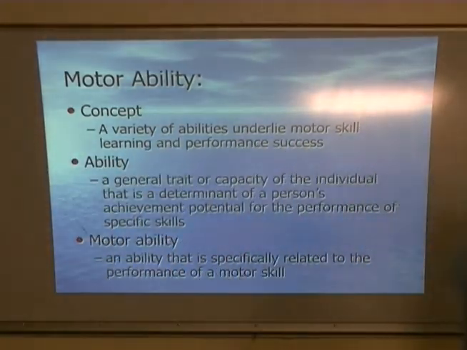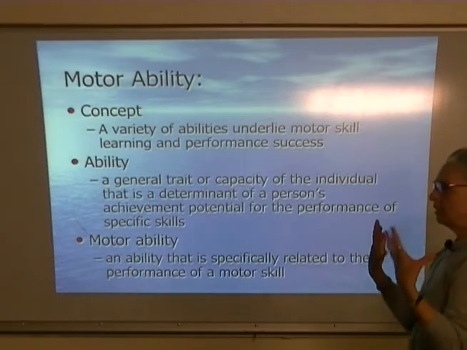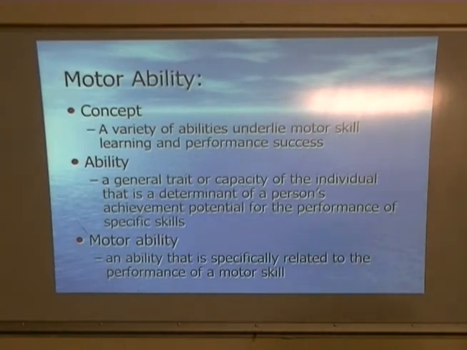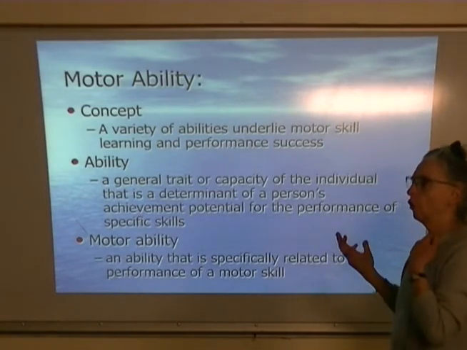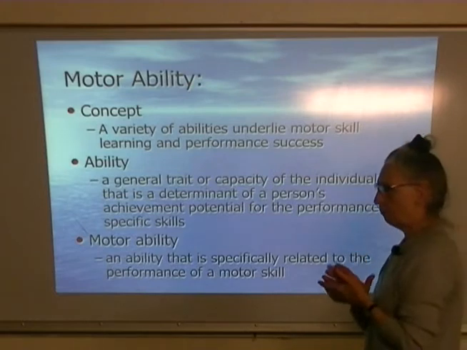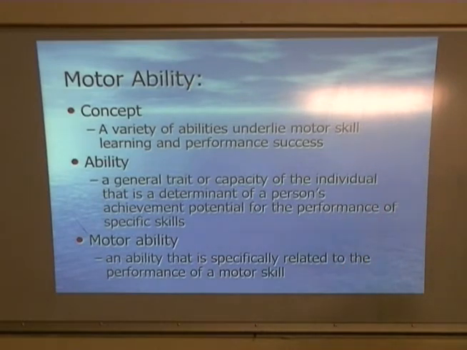So the abilities that we have are genetically dictated from mum and dad, and they underlie our capability for motor skill learning and performance. The general term ability is a capacity, a trait that determines a person's achievement potential for a specific skill.